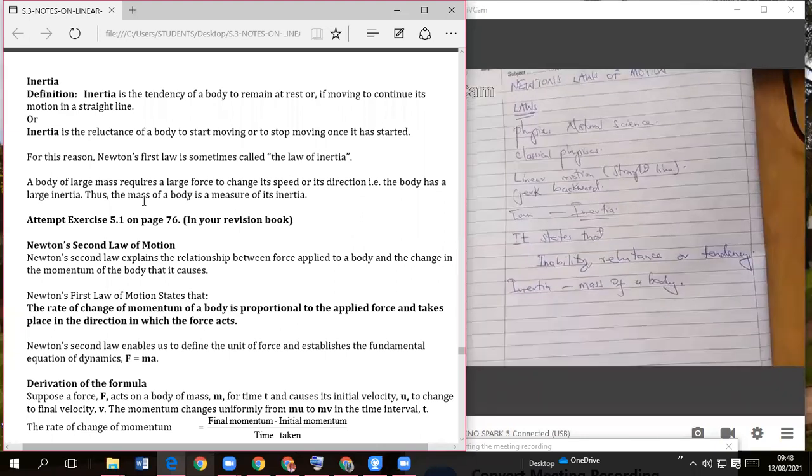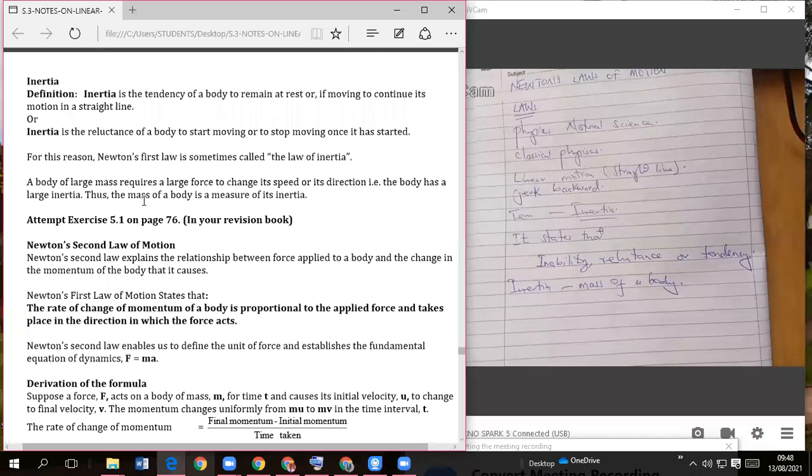So which means the bigger the mass, the larger the inertia, right? Yes, teacher. You see, that's why I like physics, because physics gives answers to real life. Take for example, if your parent gives you a 50 kilogram bag of cement to carry, can you carry that with a lot of ease?